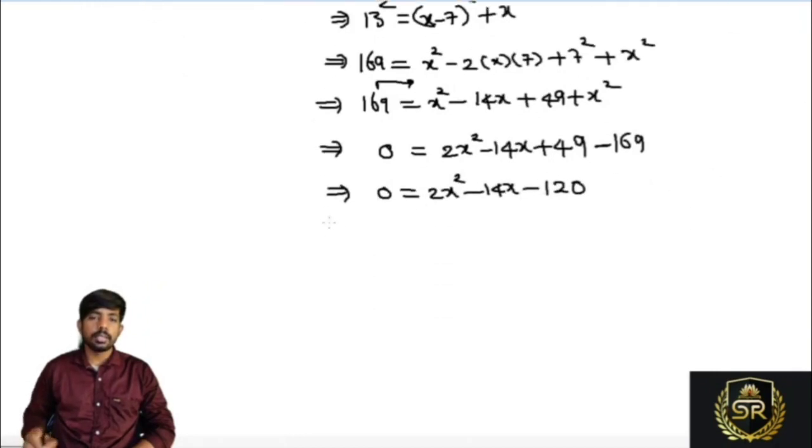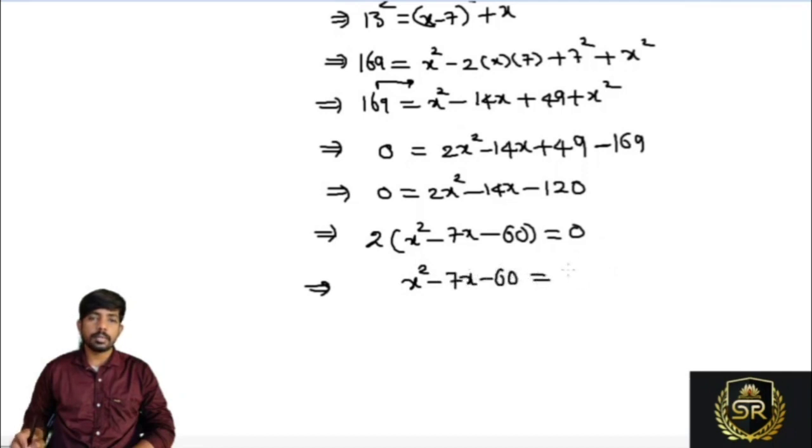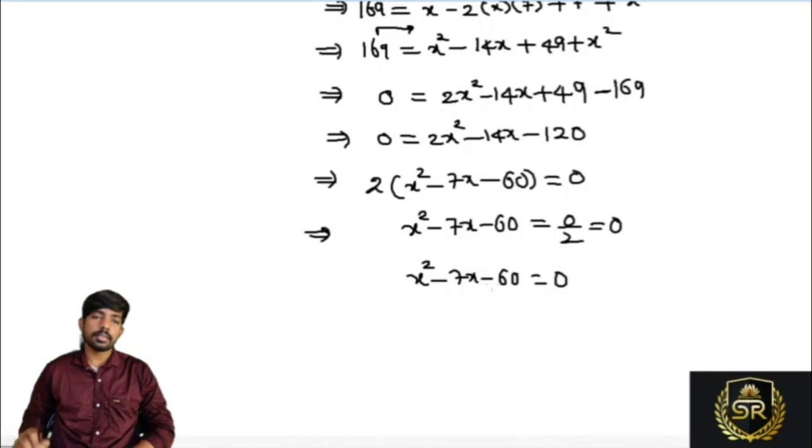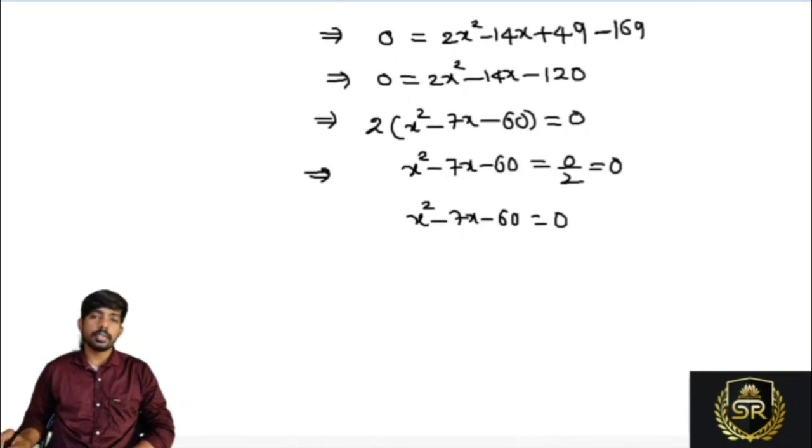Now I am writing the whole expression on the left-hand side. Take 2 common: x square minus 7x minus 60 equals 0 divided by 2, and 0 divided by 2 is always 0. So we have x square minus 7x minus 60 equals 0.